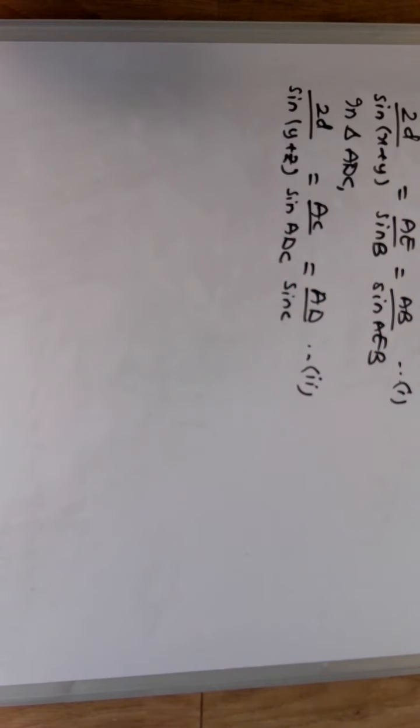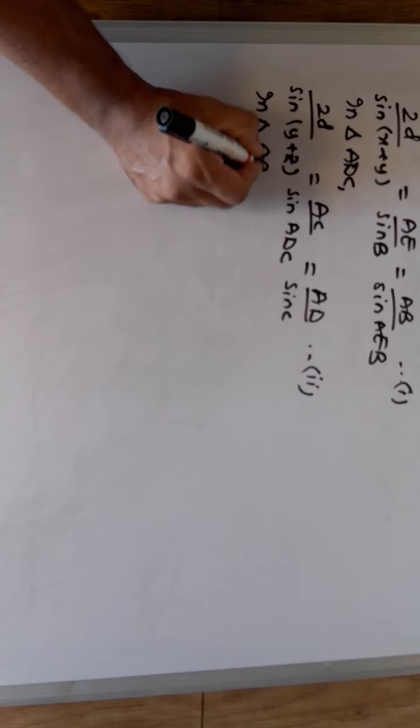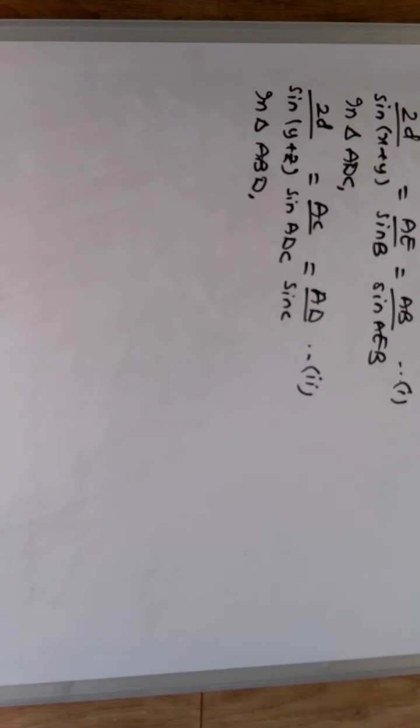This is your second one. Okay, now I want sin x, right? For sin x I require triangle ABD, again using the sine rule.